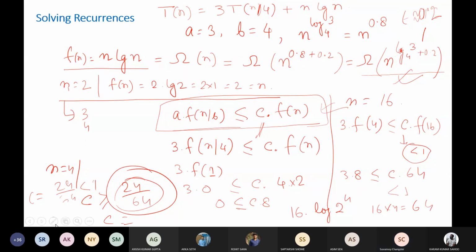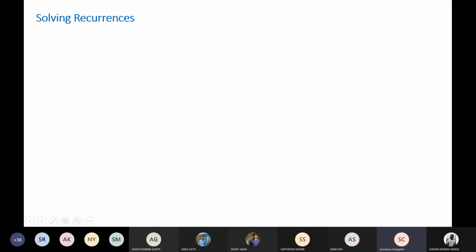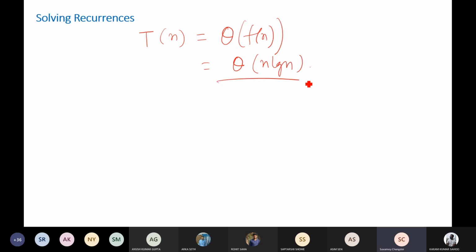Therefore by applying case 3 of master method, we can write the time complexity of the given T(n) is equal to theta of f of n. Now what is f of n? f of n here equals n log n. So therefore the solution for the given recurrence is theta of n log n.